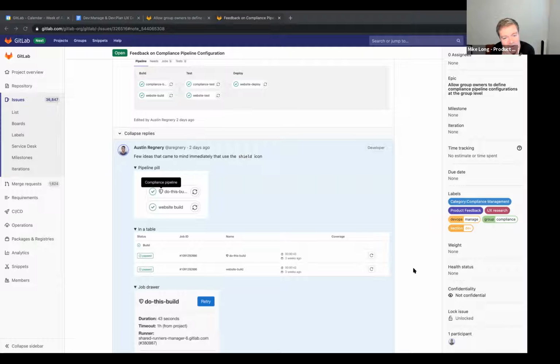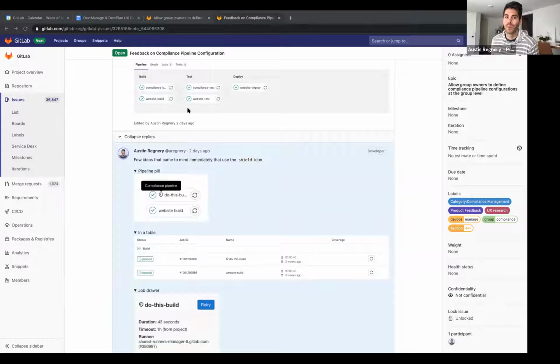Why is it important to distinguish that it's a compliance related pipeline? What will potentially be confusing to a developer that is managing the pipeline itself is they might not understand why these jobs have appeared.